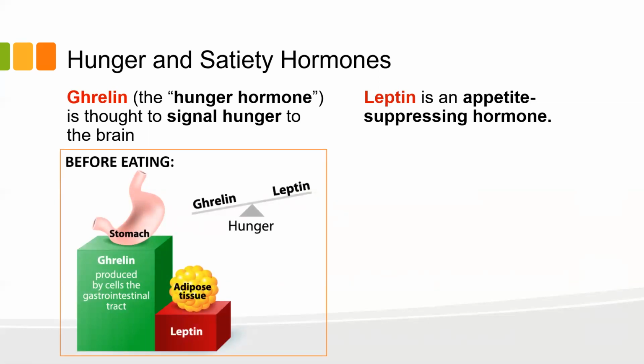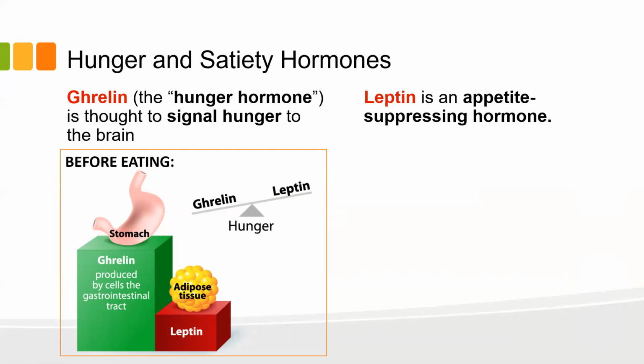Before you eat, this ghrelin hormone, called the hunger hormone, is produced mostly by cells in your intestine. I think it is produced by other tissues too, and it goes to the brain, the hypothalamus, and says, we're hungry, right? The hypothalamus, remember, is dealing with appetite.